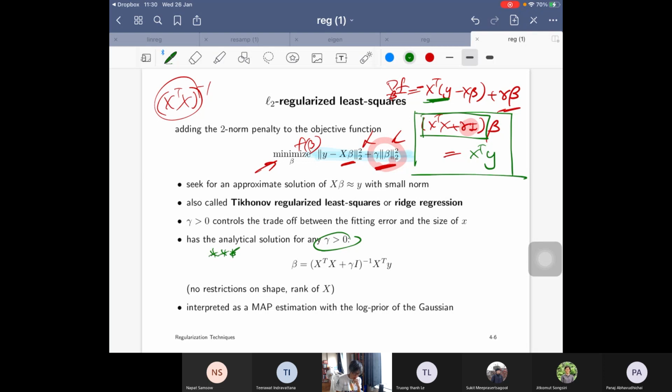Basically this fact relies on the fact that if any matrix B is positive semi-definite and gamma is positive, then B plus gamma I is always positive definite, which further means that B plus gamma I is invertible.